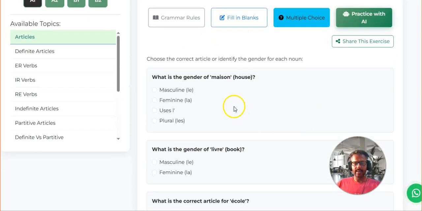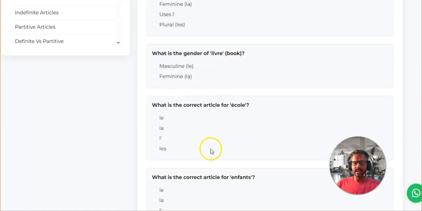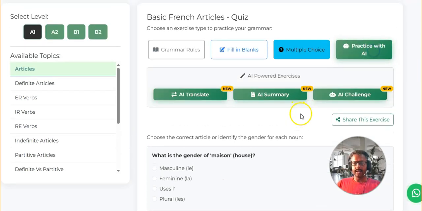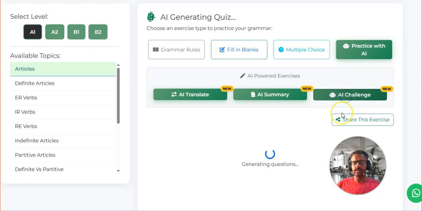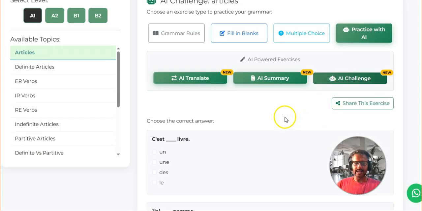It's the same way we have multiple choice questions where you can practice. You can see what's the gender of house, maison in French we call it, gender of livre, something that you have to learn just to practice. And once you are done with this, you are now able to start with the French quiz with AI, where you will practice with live sentences about articles.